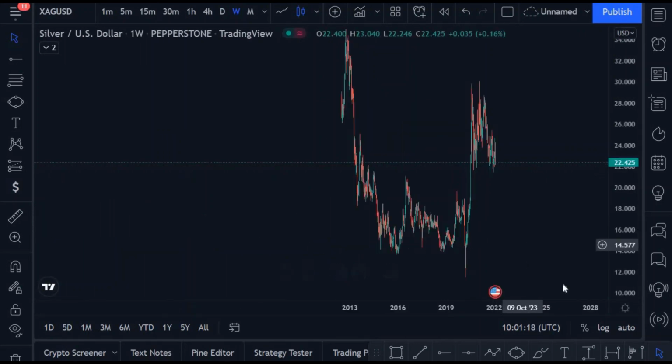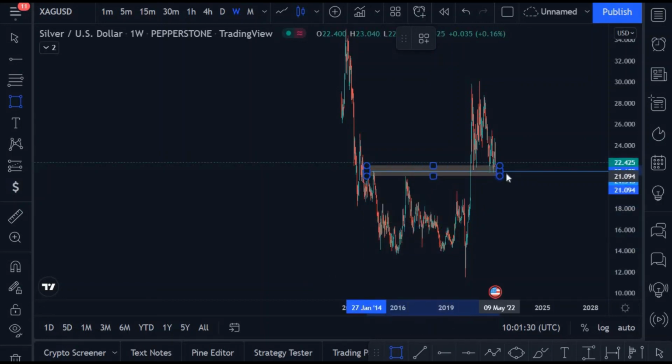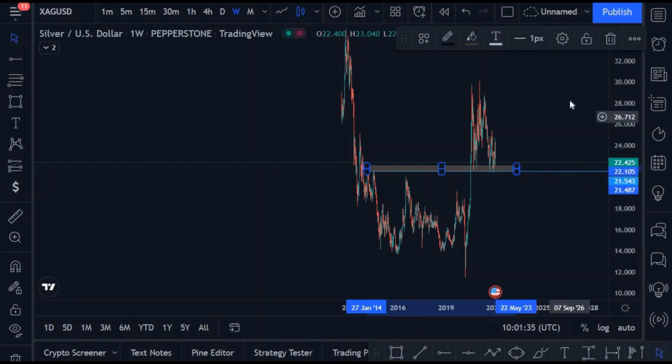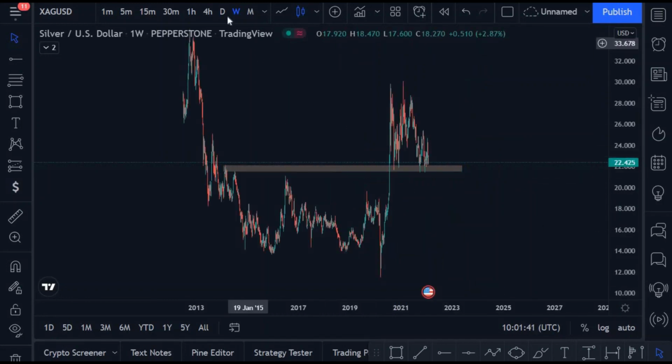I'm trying to make this real quick. Okay, we have a reaction here, and then we have another neckline level up here. So support and resistance shouldn't be just a particular price, it's a price range, it's a level where you are possibly going to get a reaction from.